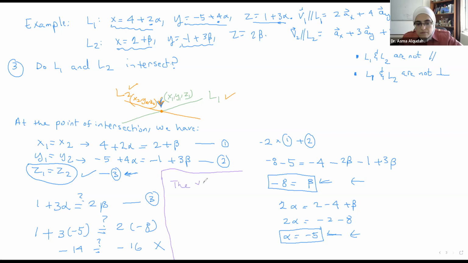The values of beta and alpha do not satisfy equation 3, and therefore there's no point of intersection between L1 and L2.